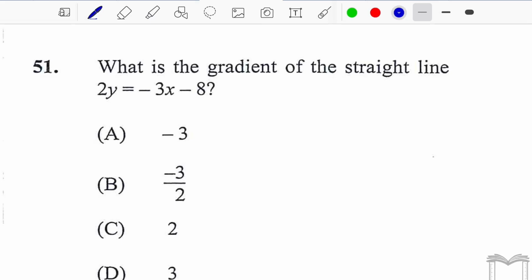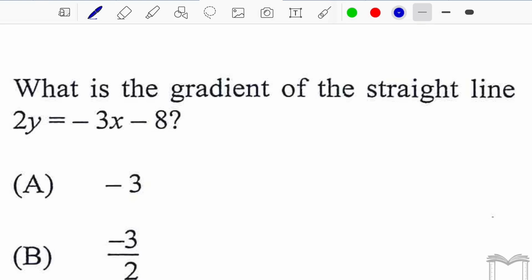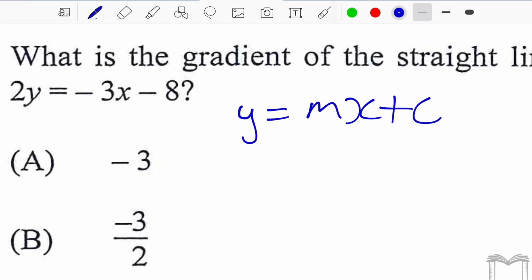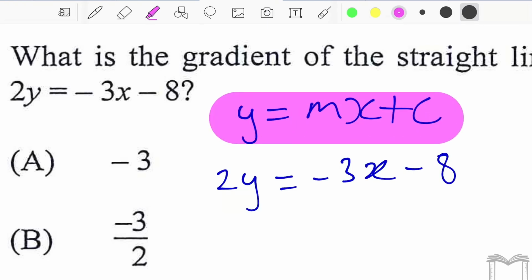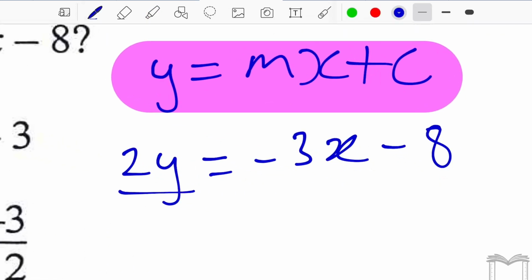Next, what is the gradient of the straight line 2y is equal to minus 3x minus 8? So again, normally we have the equation of a line represented by y is equal to mx plus c. So what we will do, let's write the equation that they gave us. 2y is equal to minus 3x minus 8. So in order to get the equation that they gave us to look like this, we will divide throughout by 2 so that the left side is only y.